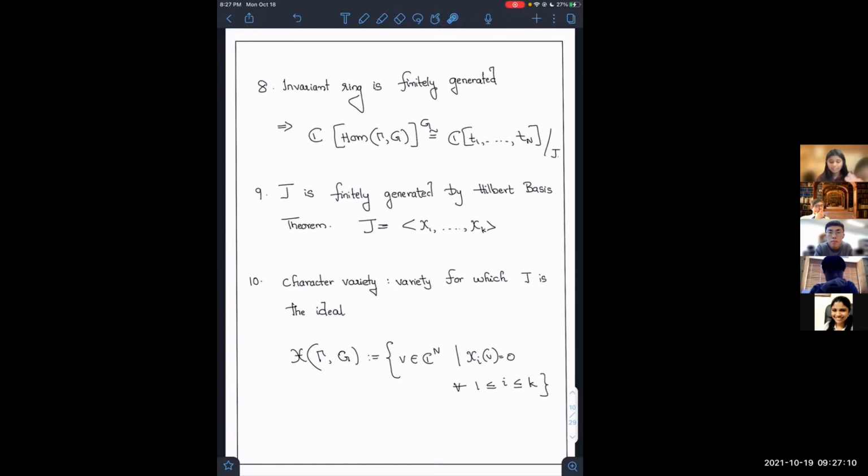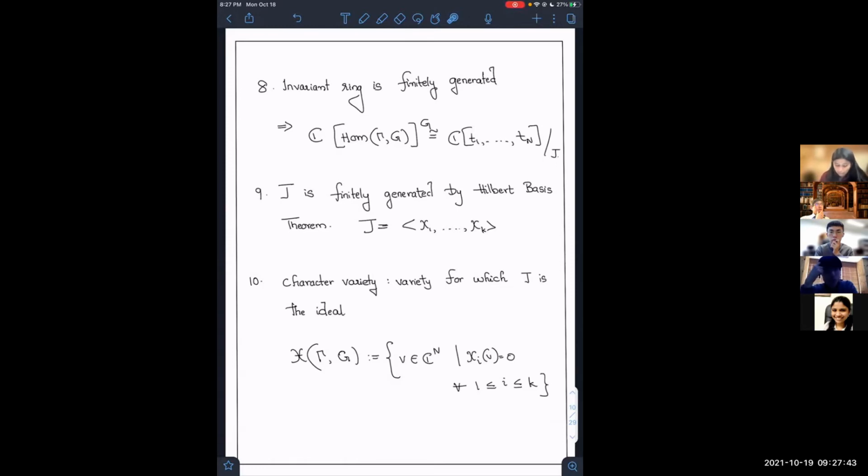And the character variety, which we denote by this notation of Gamma, G, is the set of all the points in C^N such that it's a simultaneous zero set of J. So what we are doing is, once we get to the invariant ring, we want to find the variety for which this invariant ring is the coordinate ring, right?